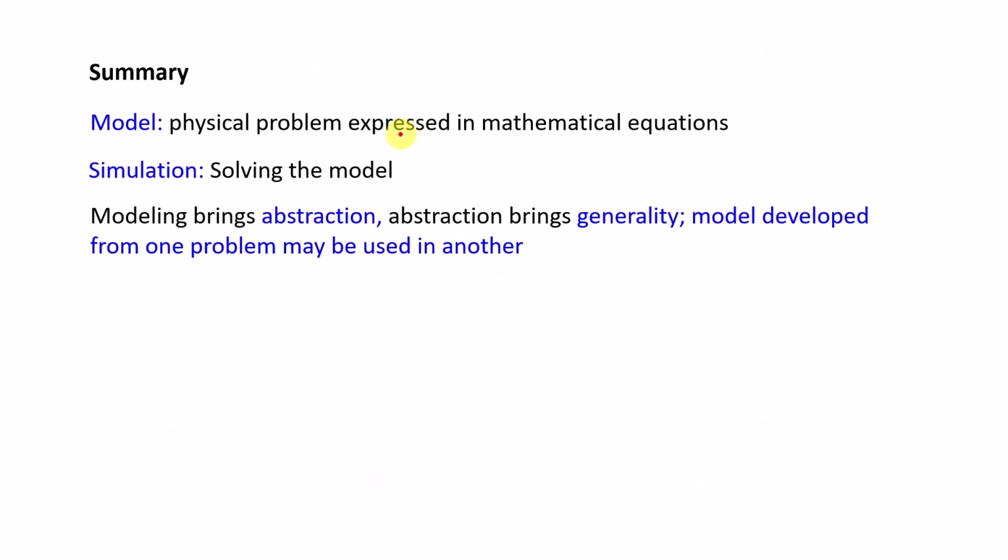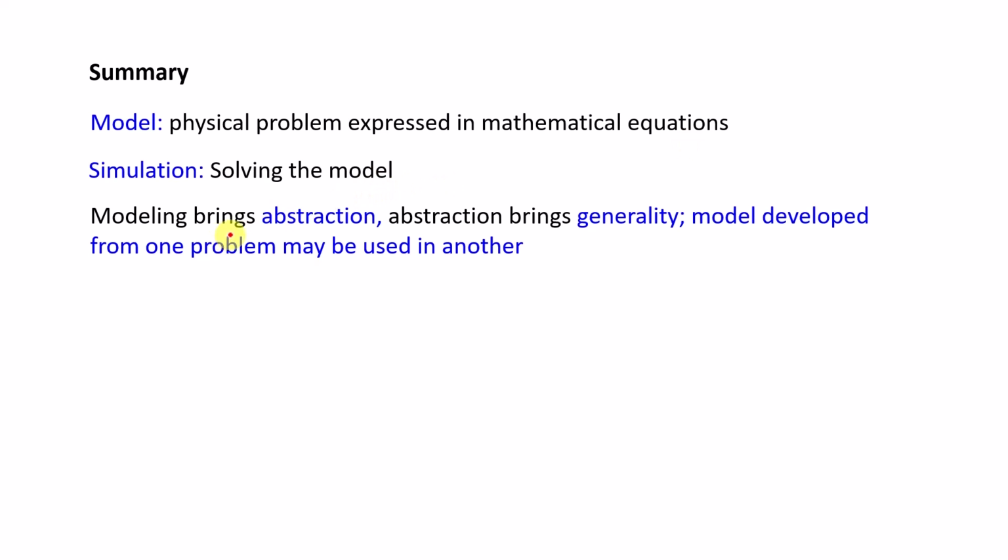Now to summarize, what we have learned is that first there is a model, and what a model does is that it takes a physical problem and expresses it in terms of mathematical equations. And then comes the simulation. What the simulation does is that it solves these mathematical equations in the model.